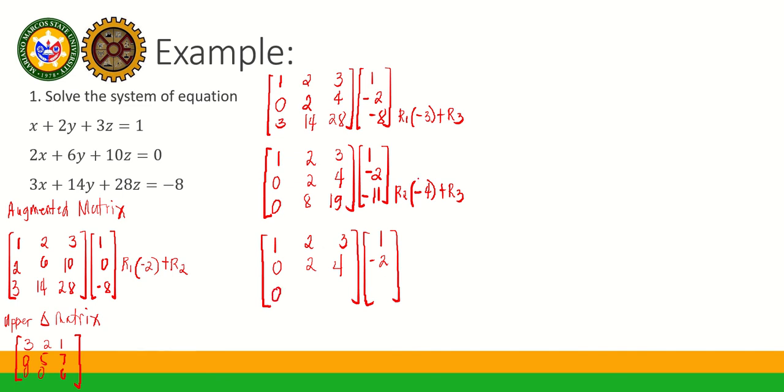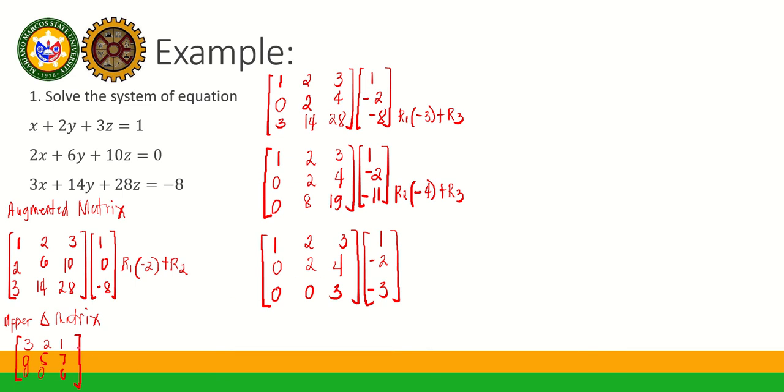Then, 2 times negative 4 is negative 8 plus 8, that is equal to 0. 4 times negative 4 is negative 16 plus 19, that is equal to positive 3. And then negative 2 times negative 4, that is positive 8 plus negative 11 or minus 11, that should be negative 3. Okay? So, ito looks like this na.